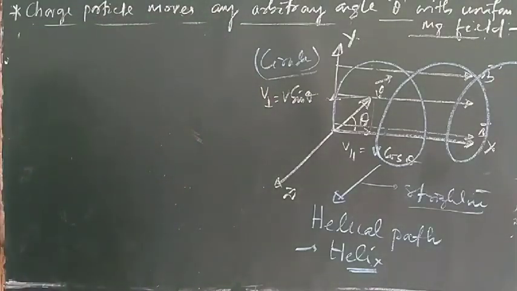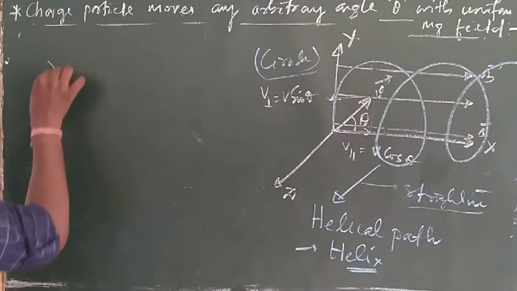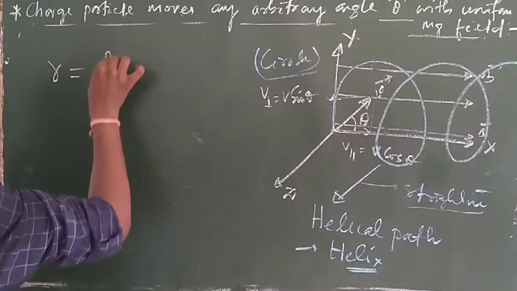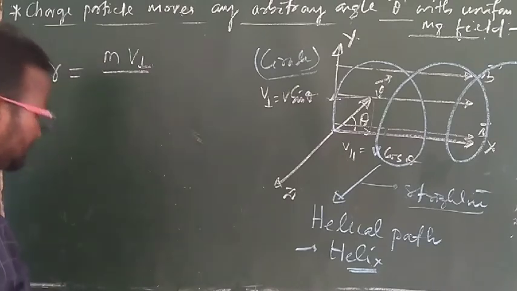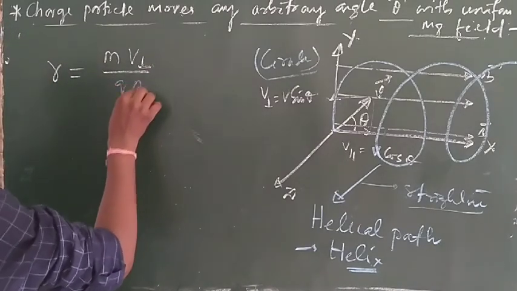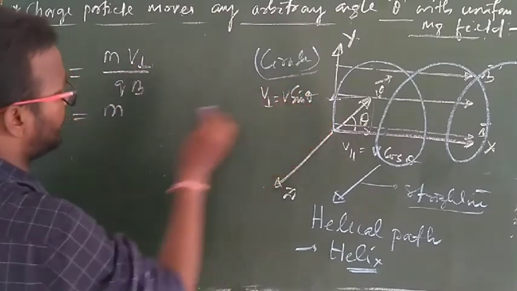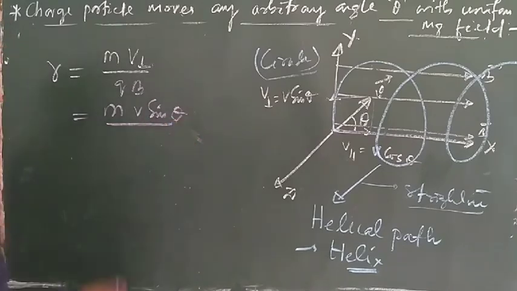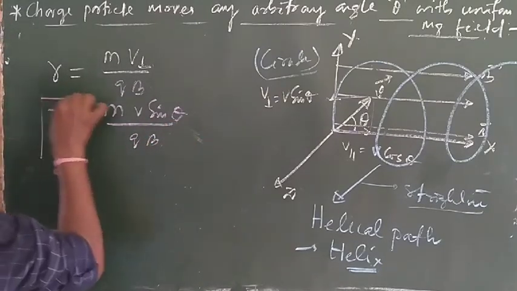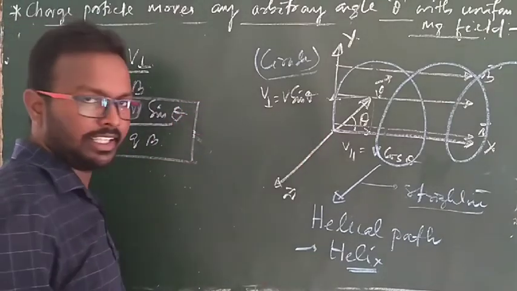And the radius of this helical path is r equal to m v perpendicular divided by q B. Using v perpendicular equal to v sin theta, r equals m v sin theta divided by q B. So this is the radius of the helical path.